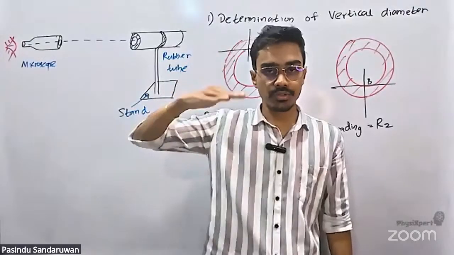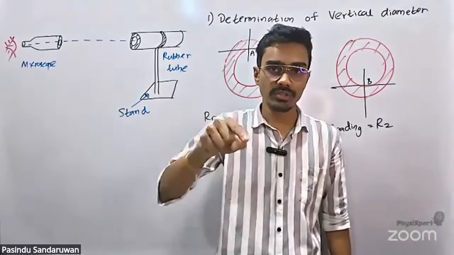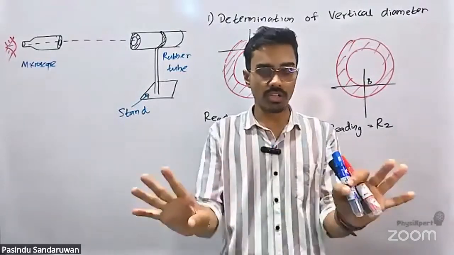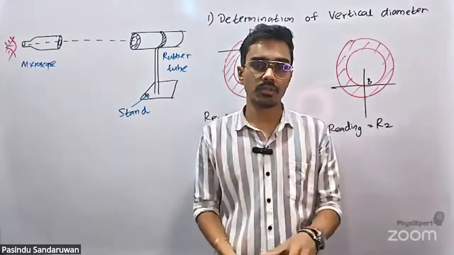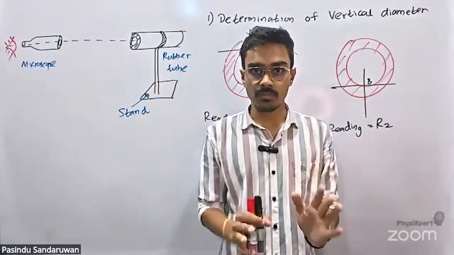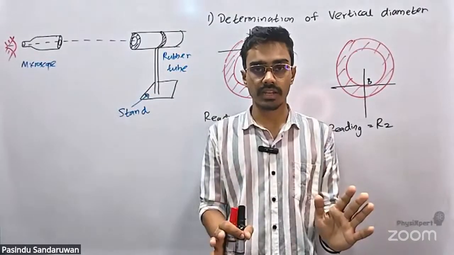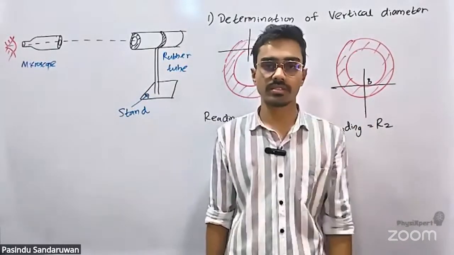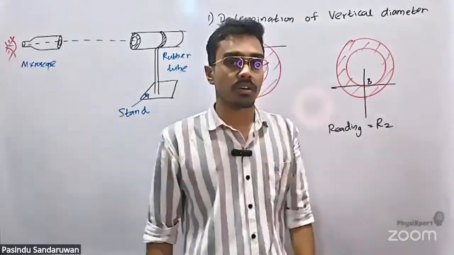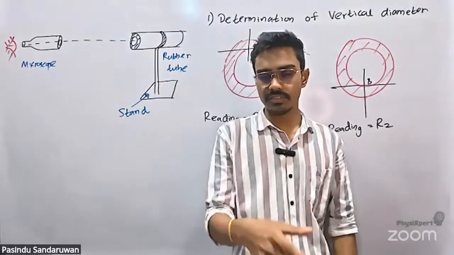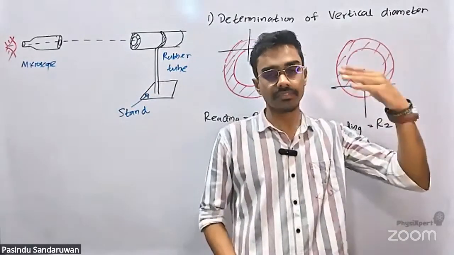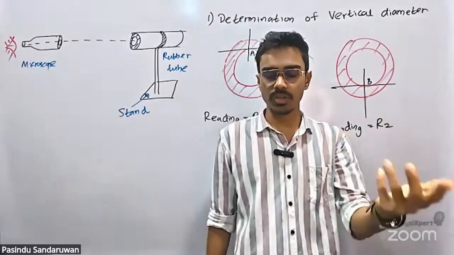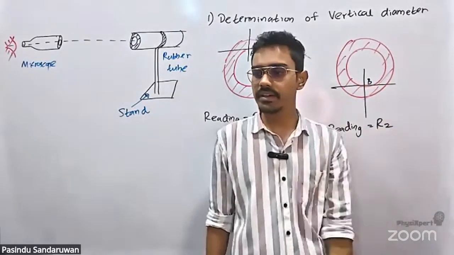When we move the microscope vertically, you have to use the vertical vernier scale. There is no horizontal movement at this instance, so the horizontal movement is locked. Since there is a vertical movement, we will require the vertical scale.